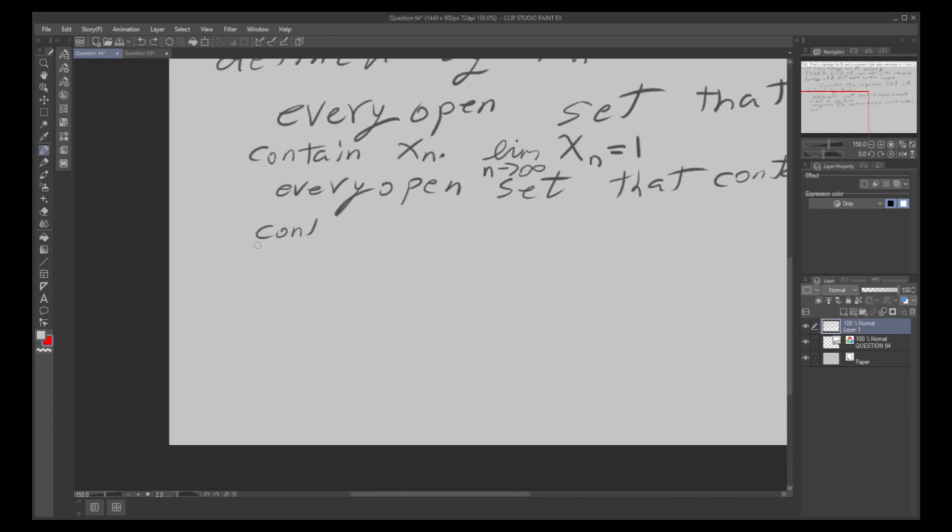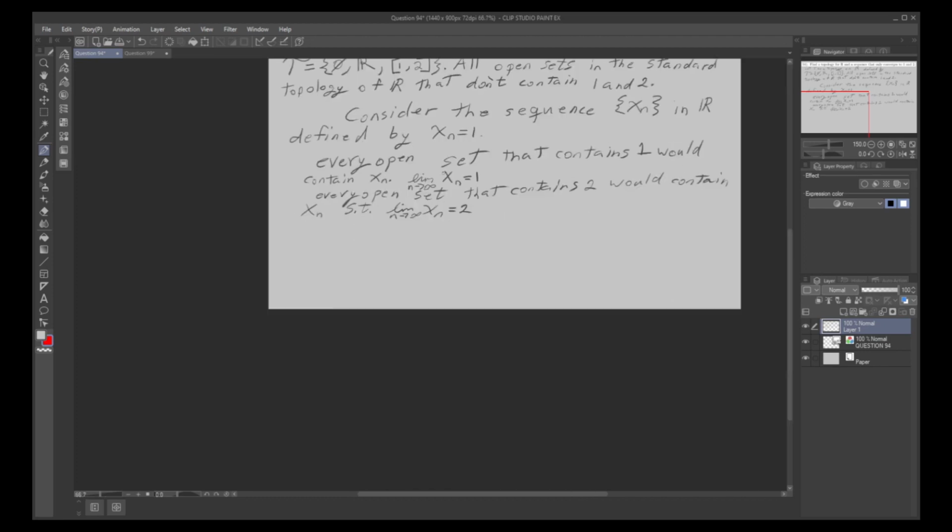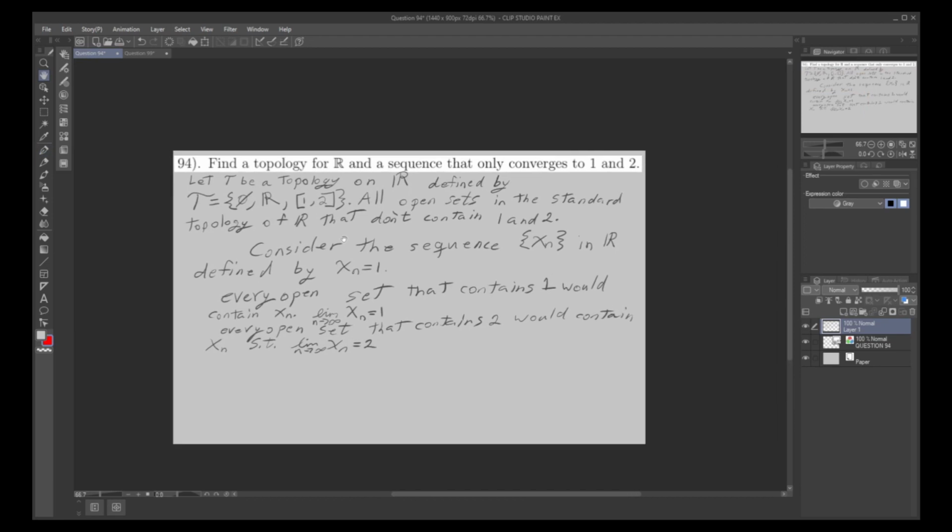My bad. X of n such that the limit as n goes to infinity, x of n would be equal to 2. I did not give myself enough room.